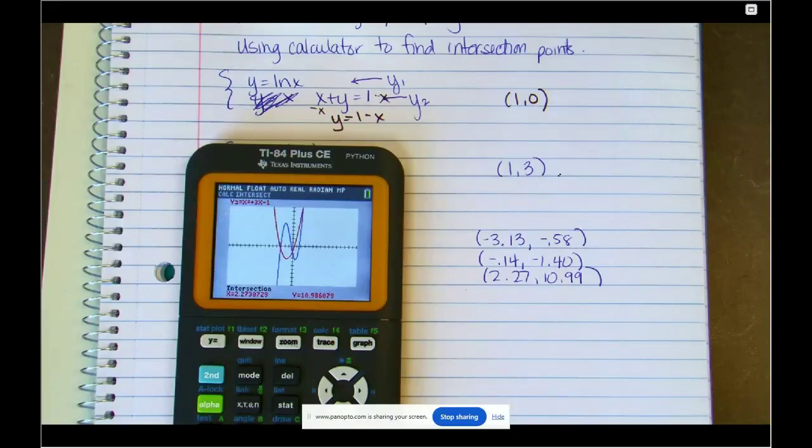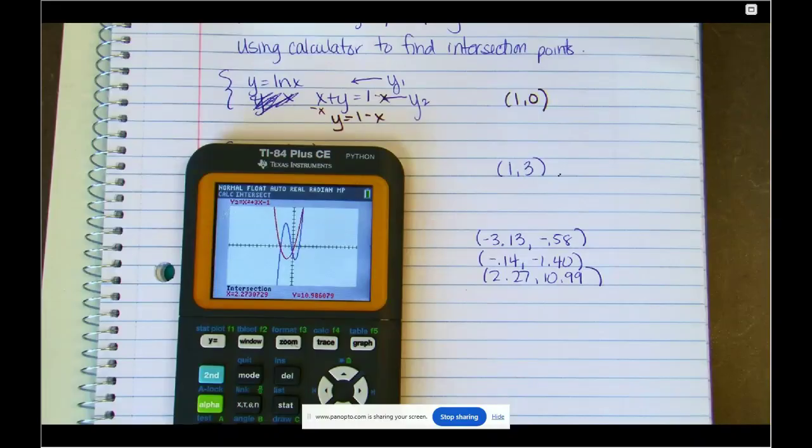Does it not work if I'm not close enough to it? It will go to whatever one you want. Okay, so you have to do the second trace first. Yep, now go up to that one. It's the right or left arrow. There you go.